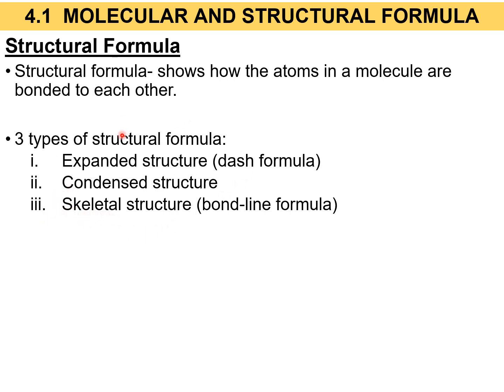Basically, if you want to draw an organic compound, it actually doesn't matter how you draw it, as long as you know and everything satisfies the octet. But this is very useful for your task assignment, since it requires you to draw every molecule carefully in expanded, condensed or skeletal structure. I don't know, it depends on your task assignment. But as time goes by, you will learn many organic compounds. It doesn't matter how you draw it, as long as the number of carbons, covalent bonds and lone pairs are complete, and there you go, it's fine already.